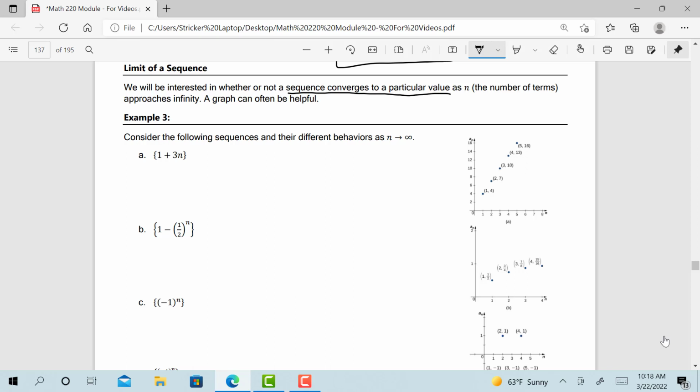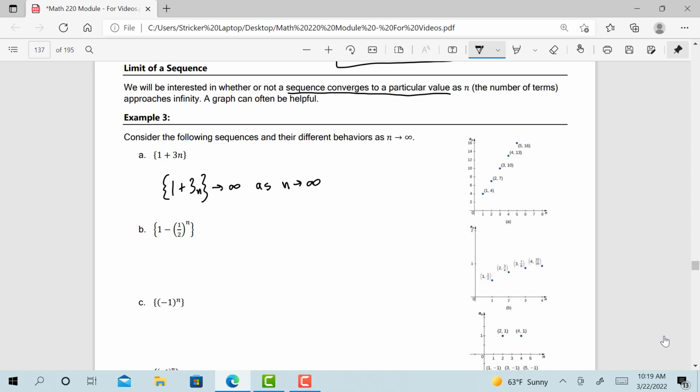And notice those terms are not approaching some specific y value. They just keep getting larger and larger. So what we can say here is that the sequence 1 plus 3n approaches infinity as n approaches infinity. As n gets bigger, the terms of the sequence get infinitely bigger as well.